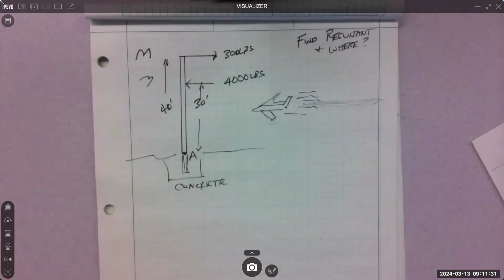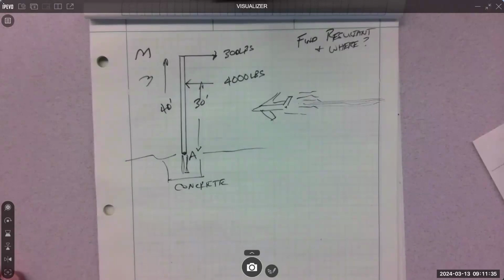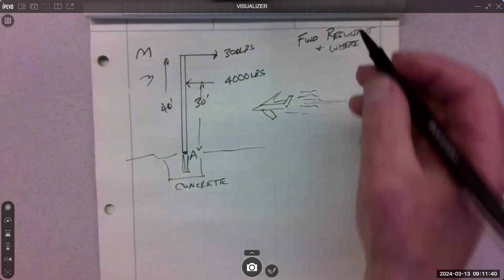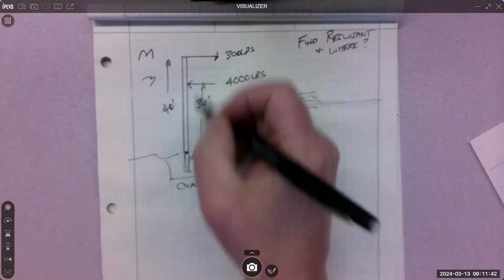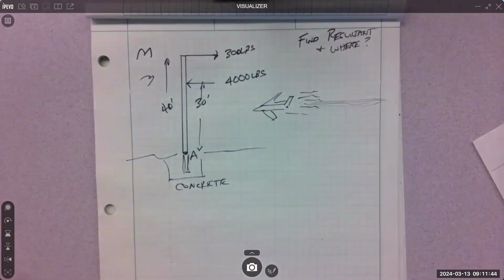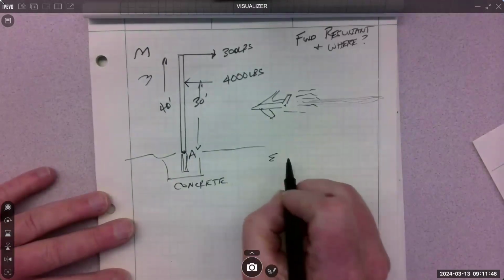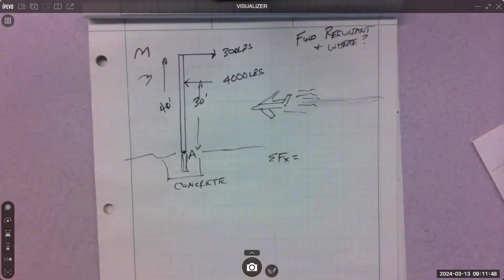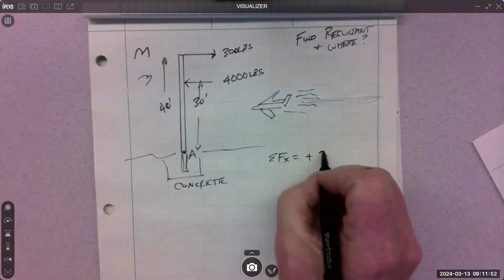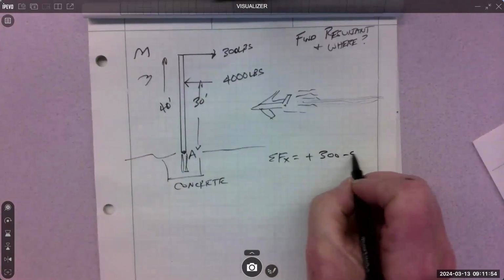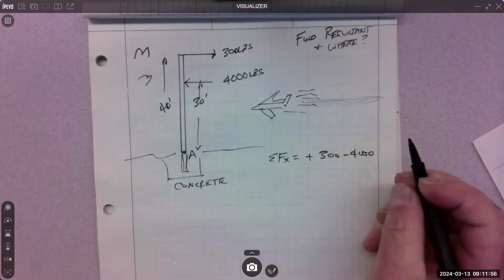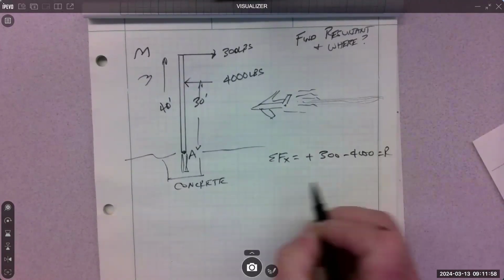So you should think about where you're going to collect them. Add them there, right? Since we want to know from A, we might want to move them to A and then redistribute it back out. But he's right. We need to sum the forces up to get the total translational effect. Plus 300 minus 4,000 equals R.